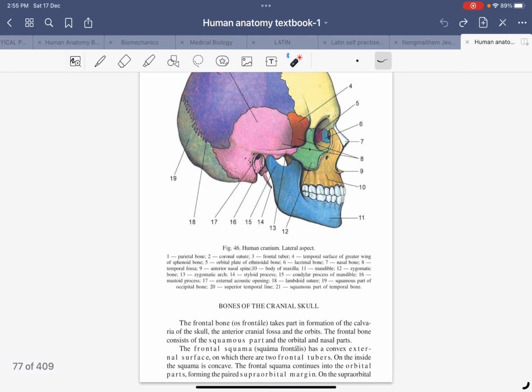So after that, the bones of the cranial skull. The frontal bone, os frontale in Latin, takes part in formation of the calvaria of the skull, the anterior cranial fossa, and the orbit. The frontal bone consists of squamous part and the orbital and nasal part.